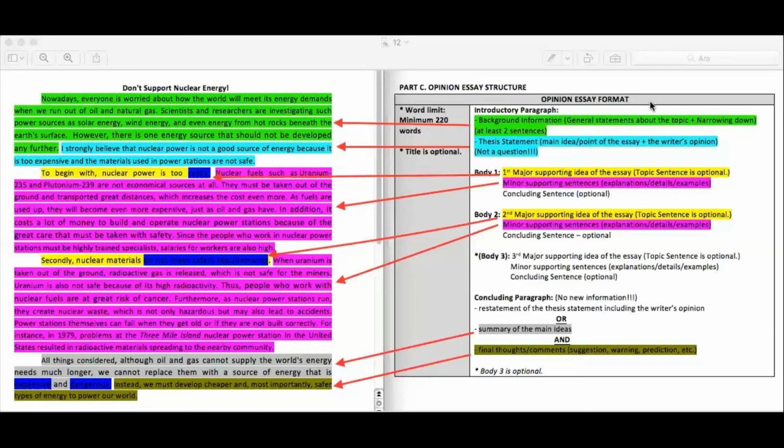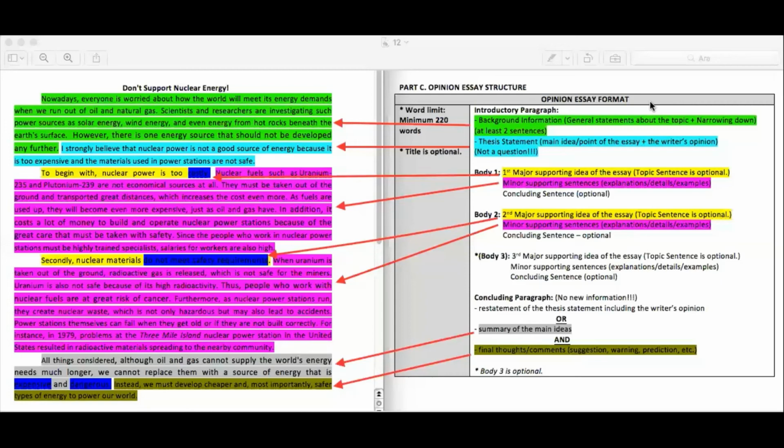As you remember, topic sentence for the body paragraphs is optional, but here in this essay, there are topic sentences for each body paragraph. In pink parts, you can see minor supporting sentences that support these topics.